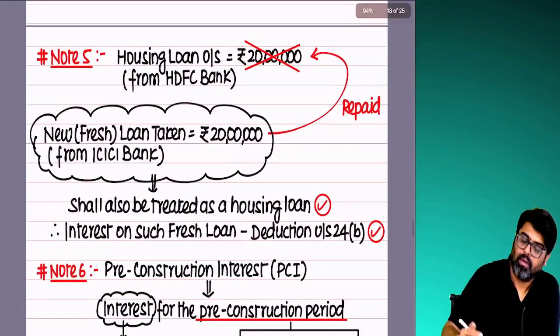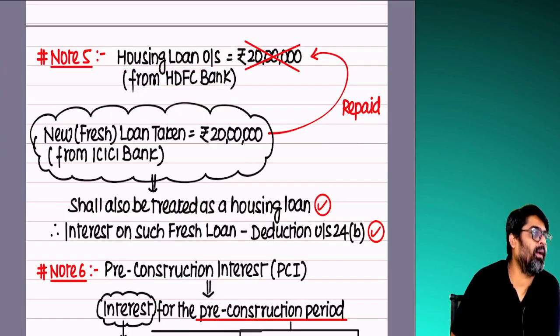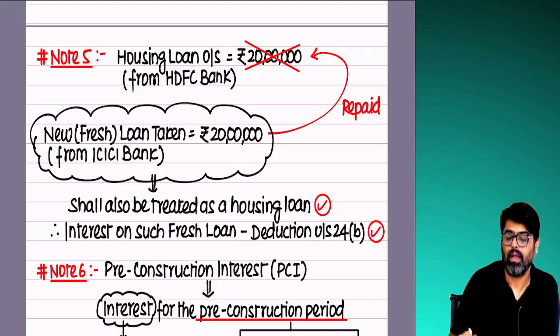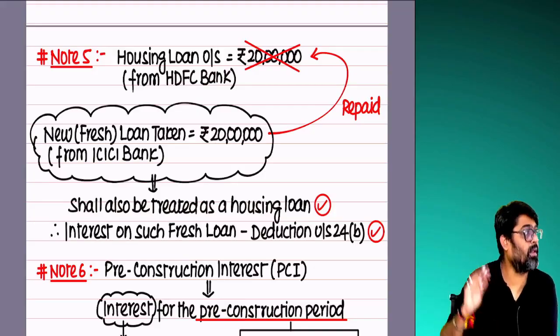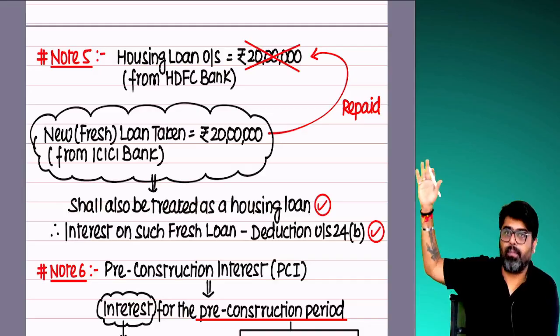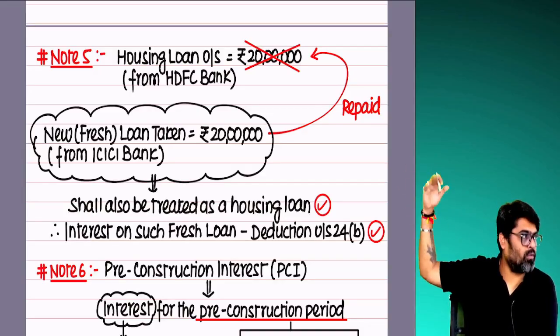Now see, housing loan from HDFC Bank. Which bank? Ground floor HDFC Bank is there. I took a housing loan in the past, but I have repaid a fair amount of the housing loan.